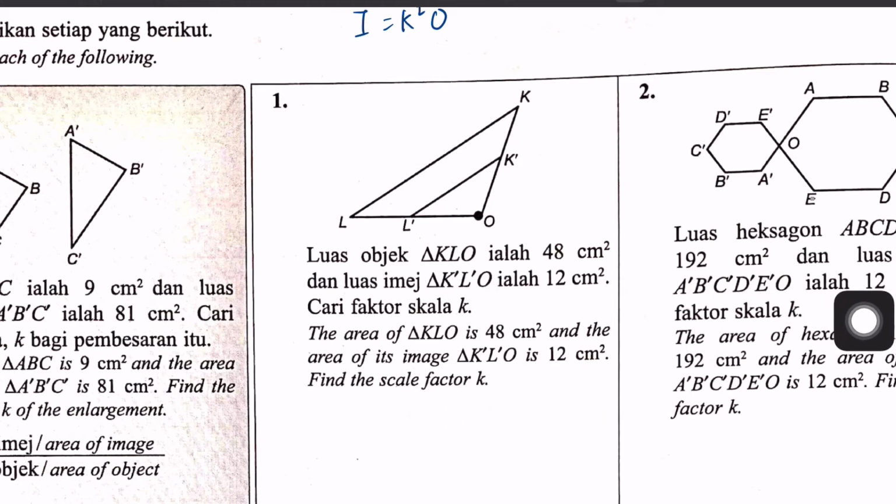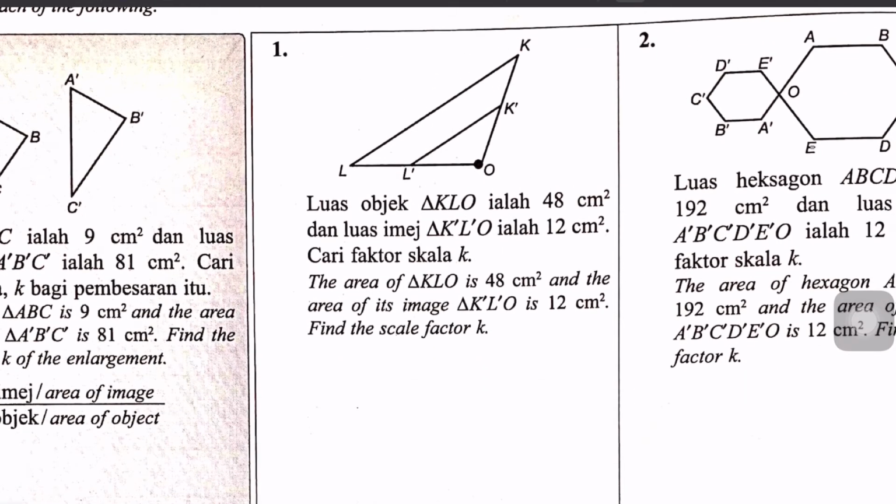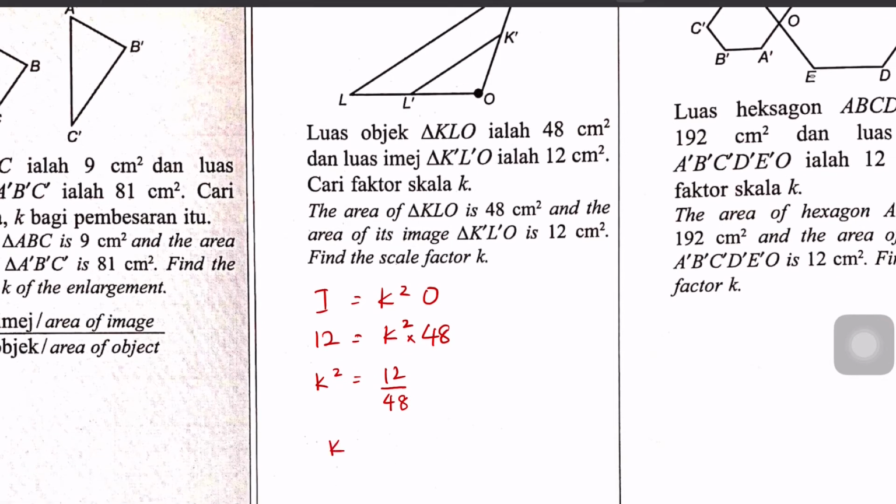So let's write this formula. We know that image is equal to k squared times object. Image is 12, k squared, object is 48. So k squared is equal to 12 over 48, which is 1 over 4.